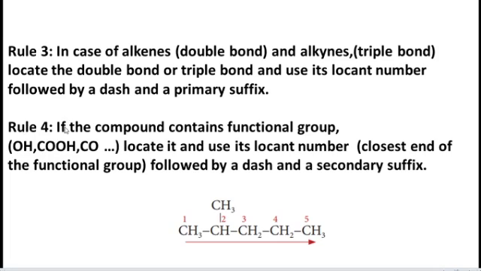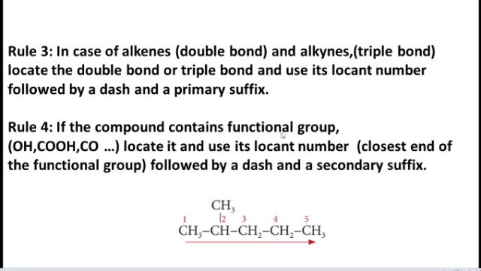Then rule 4: if the compound contains a functional group, here there is no functional group, but sometimes alcohol OH, carboxylic acid COOH, or ketone CO is given in the compound.